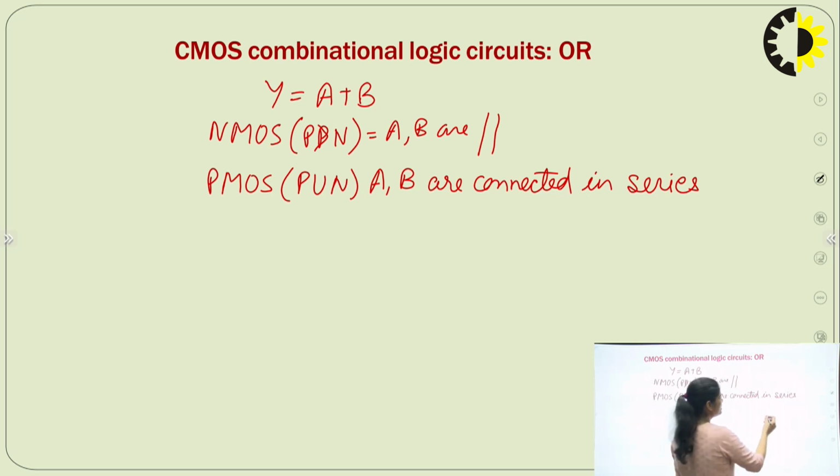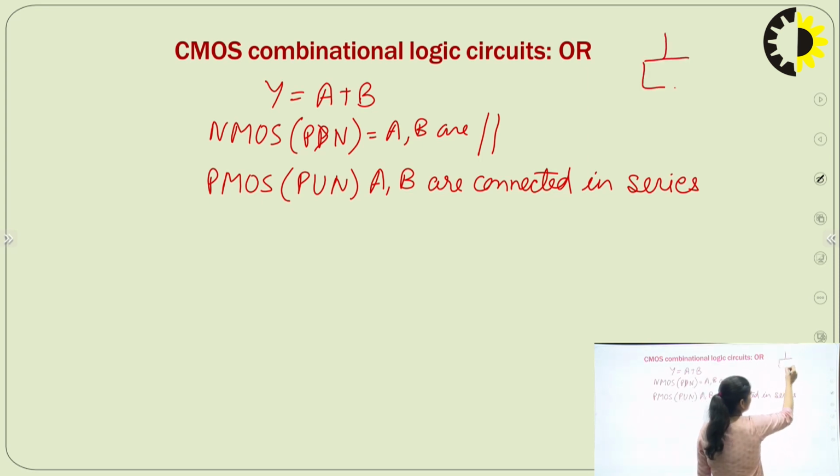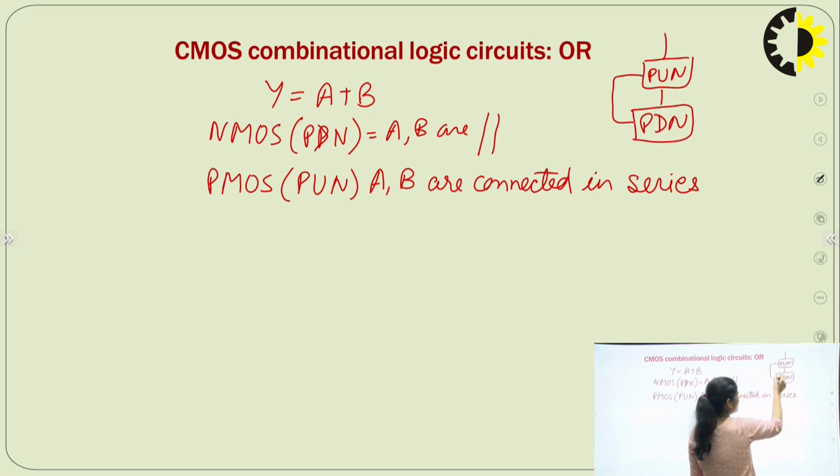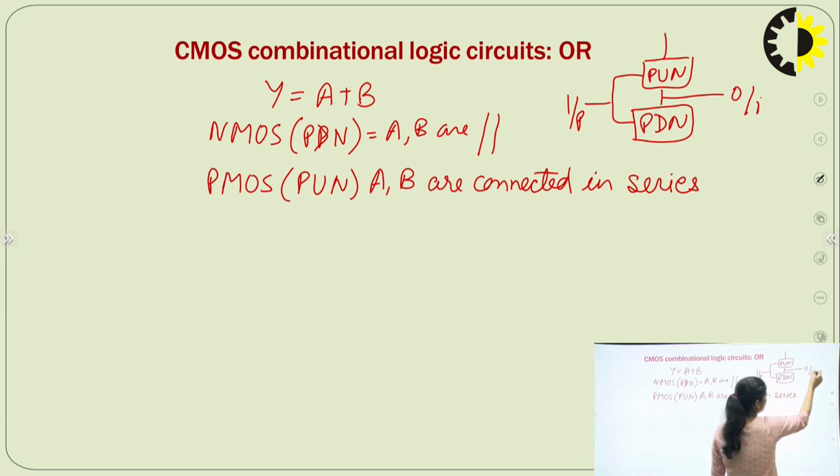CMOS means a combination of PMOS and NMOS. Let us design a block diagram. This is your pull up network. This is the pull down network. From here you are giving input and getting output from here.